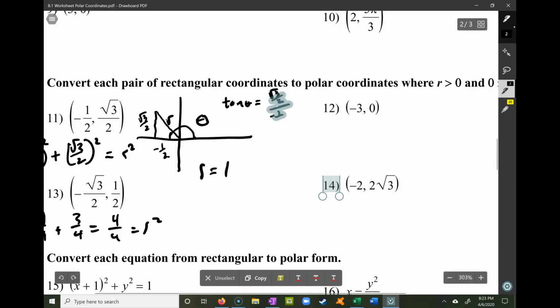Well, actually, no, I won't do that. In this case, it's a little bit risky, so what I would do is find out what alpha is. Alpha is this angle, and then from the picture I can figure out what theta is. So in this case, tangent of alpha is equal to just rad 3.